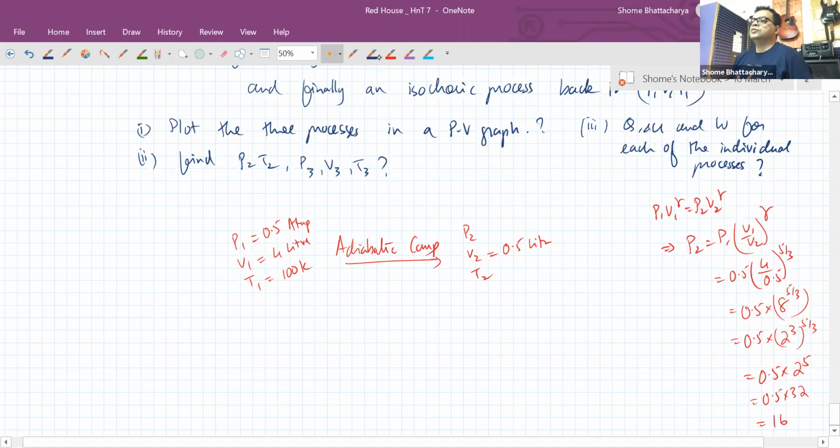Okay, so that's how we get the pressure as 16 atmospheres. And then you can just use P1 V1 upon T1 is equal to P2 V2 upon T2.